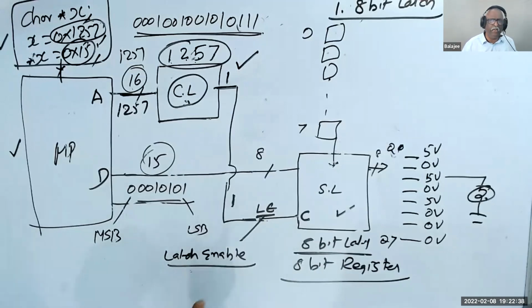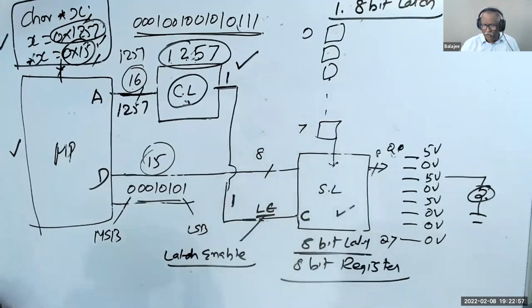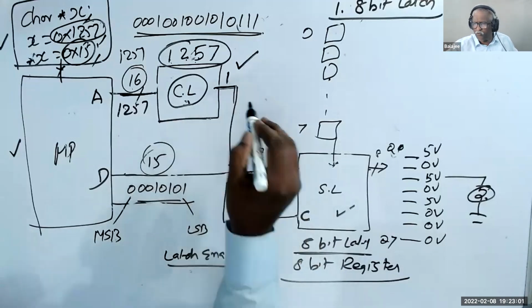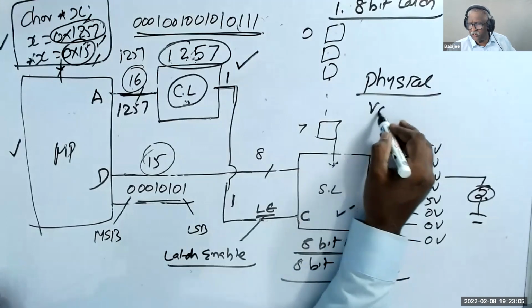But if you have a doubt here, please ask. No, binary input is also 5 volt and 0 volt only. Everything is 0 volt and 5 volt. When you put a wire, physically, everything is voltage.